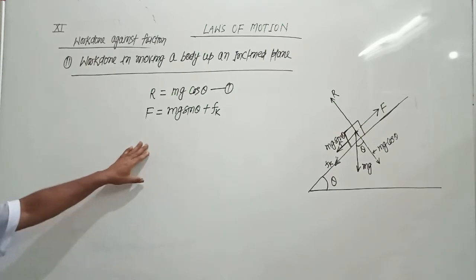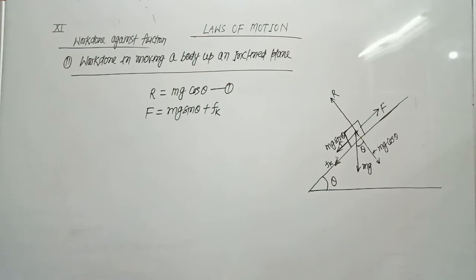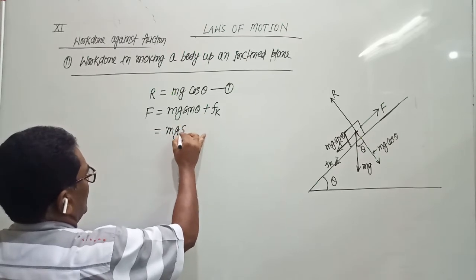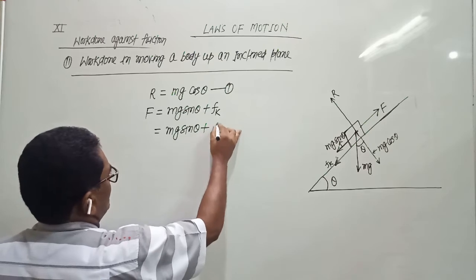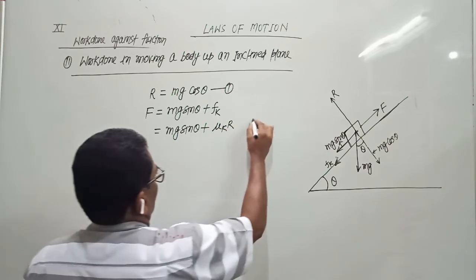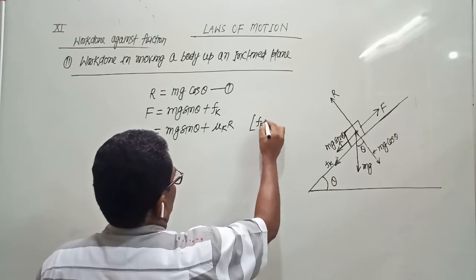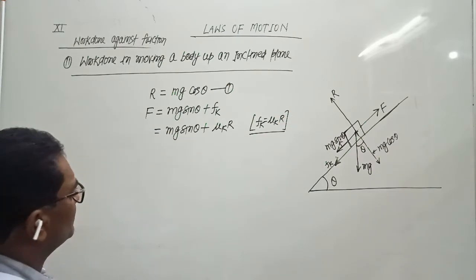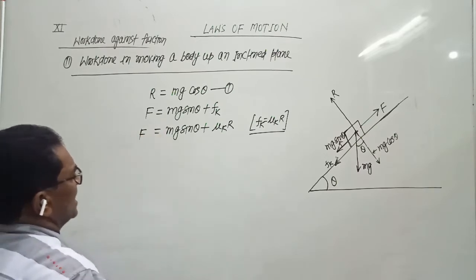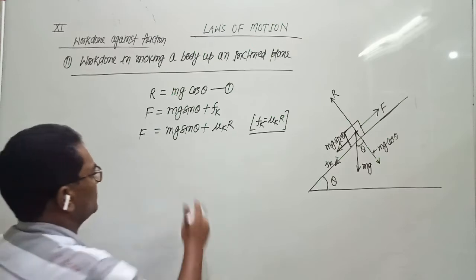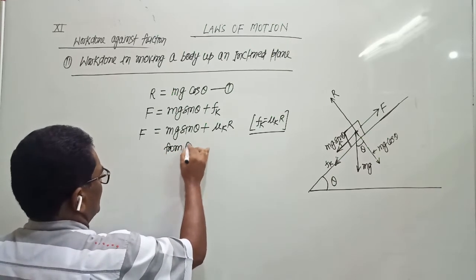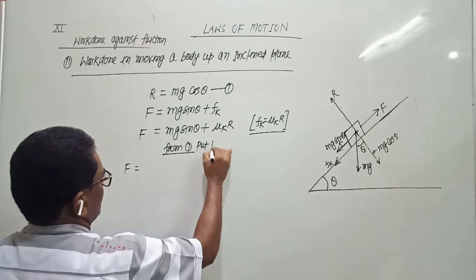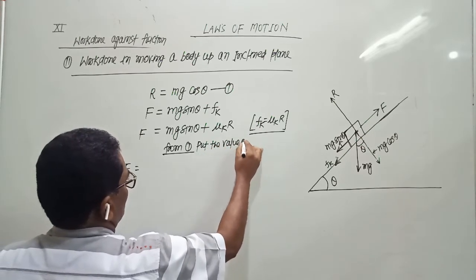So F equals mg sin theta plus Fk, and Fk, the force of friction, is written as mu k into R. By formula we know that Fk equals mu k into R, and mu equals F by R. And for R, we put the value of R from the first equation.